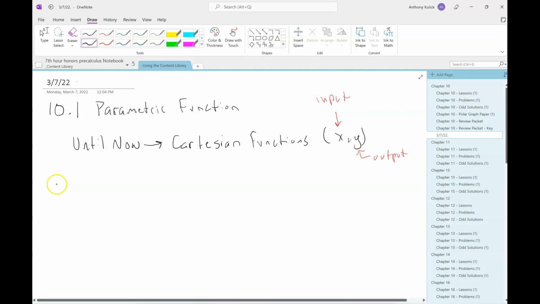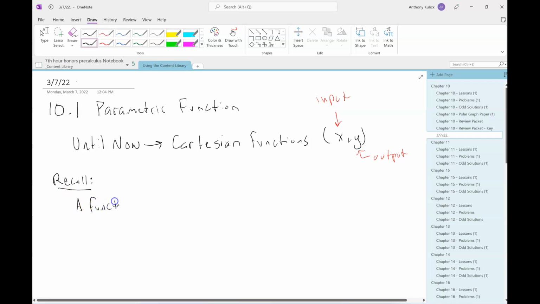Can you remember our definition for a function that we've used? Okay, yeah, that's basically it. Let's formalize that a little bit.